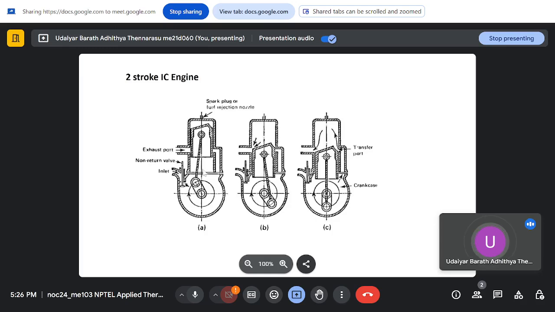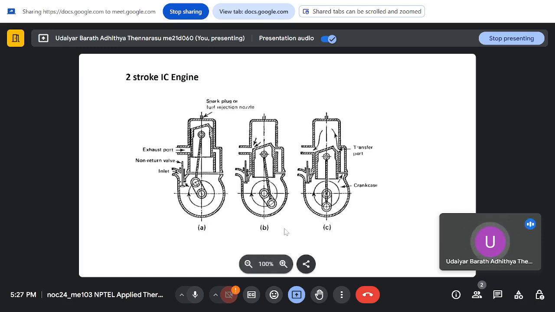When it goes down again some more distance, the inlet valve opens and the air and fuel mixture which is inside the crankcase will flow through the inlet port to the cylinder, and then again the piston will start moving up and compressing it. By the time, the inlet valve opens and new fluid comes and occupies the crankcase, and this process is repeated.